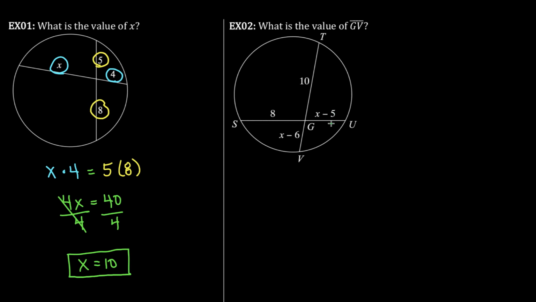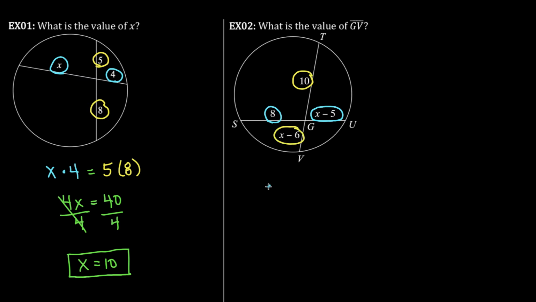So let's look at example number 2. It says, what is the value of GV? So we want to know GV right here. First I'll label these 8 and x minus 5, which form that chord, and 10 and x minus 6 form this chord.